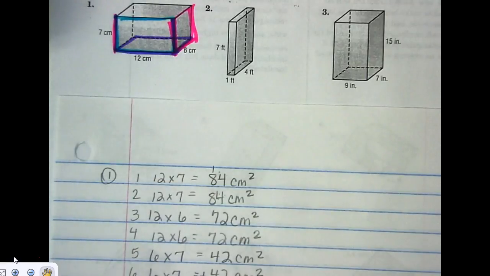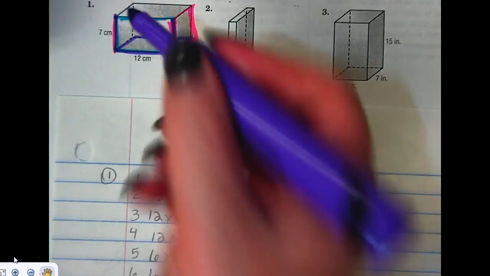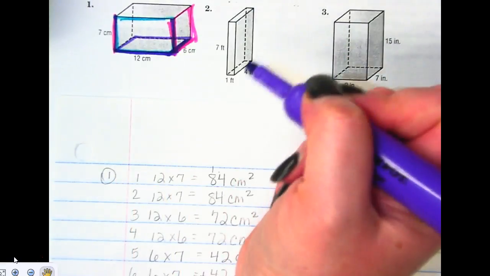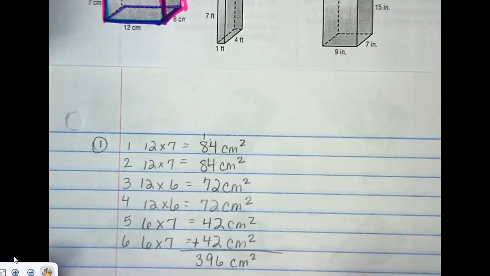And then the last one is the bottom, right here. 12 times 6 and 12 times 6. And when you add those all up, you get 396 centimeters squared.